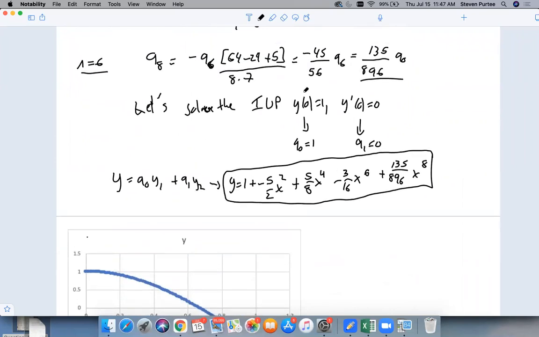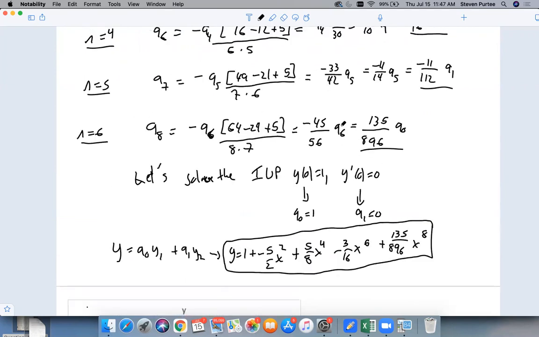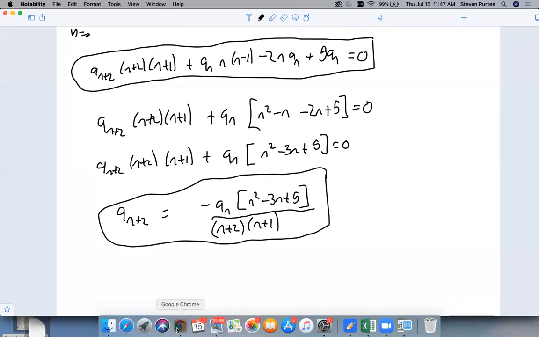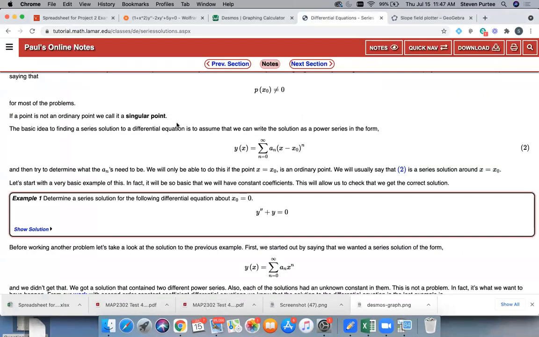What if the IVP I was trying to solve was y of 25 equals 7, y prime of 25 equals 32, whatever? What if I wanted points near x equals 25? Then I wouldn't expand about 0. I would expand about the point 25.